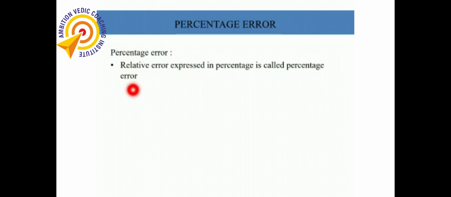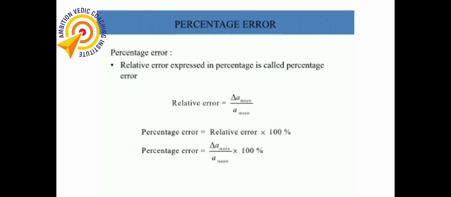So this is what we have seen. Relative error is nothing but the ratio of the mean absolute error divided by the mean value, the averaged value of this parameter. And if we multiply it by 100, as you can see, it becomes percentage error.